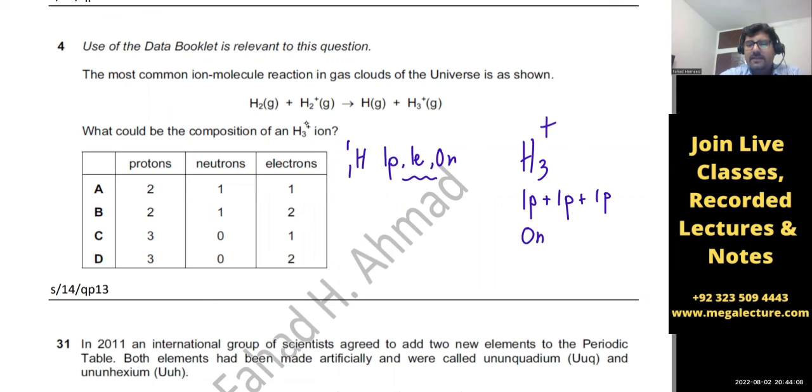Electrons, each one will have one electron, right? And since it's got a +1 charge, that means one electron is lost. So it's going to have 3 protons and 2 electrons and no neutrons.